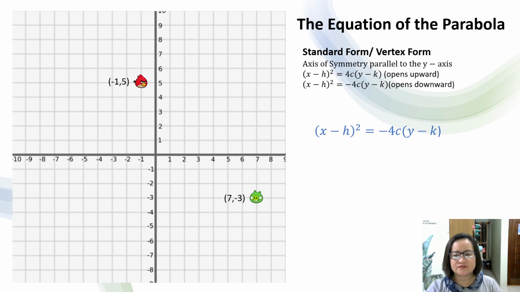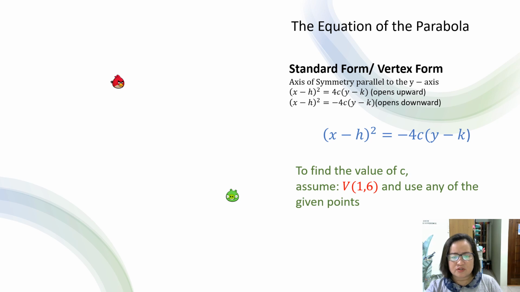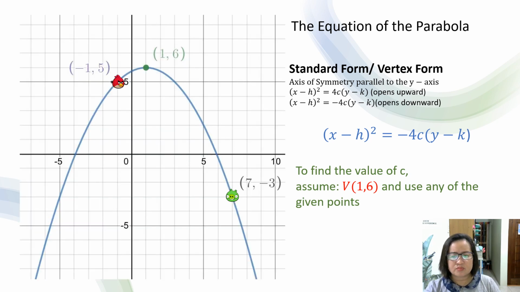Hence, we will have to consider the format of the equation, the square of x minus h equals negative 4c times y minus k. Now, looking at the graph, we will have to assume a vertex in order to get the equation of the parabola, particularly the value of c.